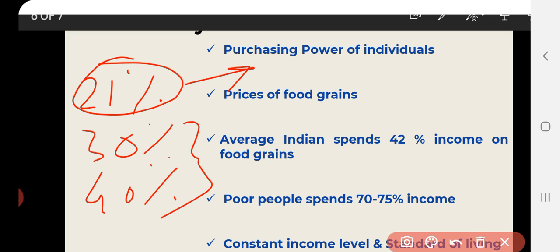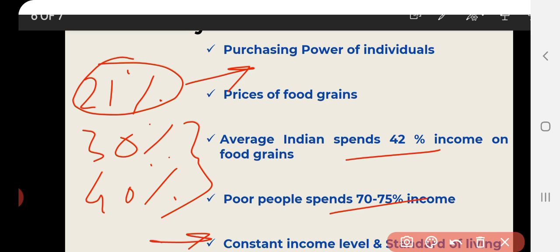As I mentioned here, the average Indian spends 42% of his income on food grain. Poor people spend 70 to 75% of their income, but the income level of these people is constant, particularly middle income groups and low income groups. So it is creating a difficulty for the affordability of food grains.